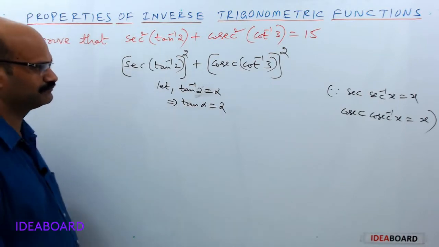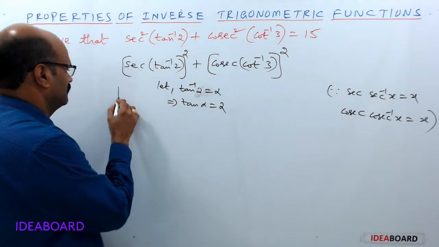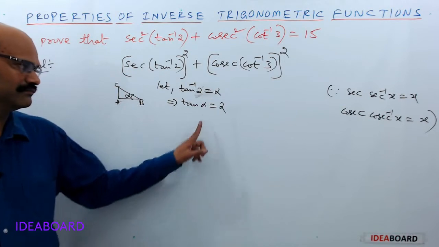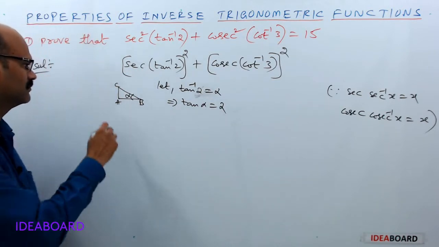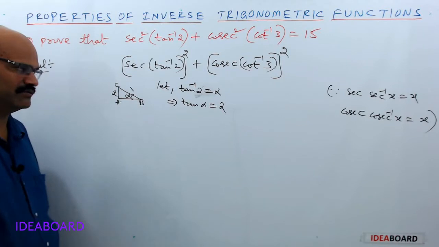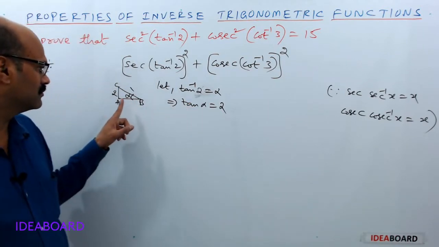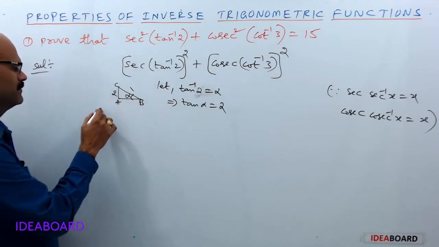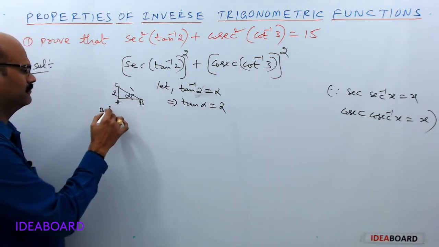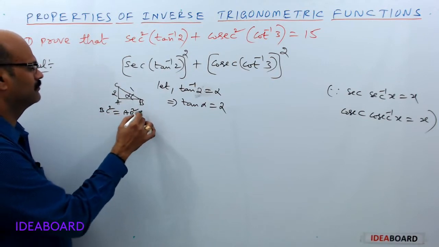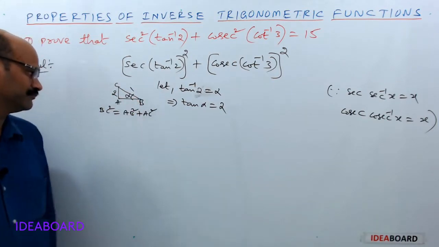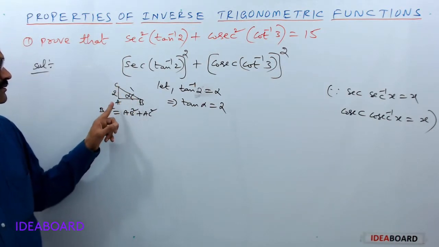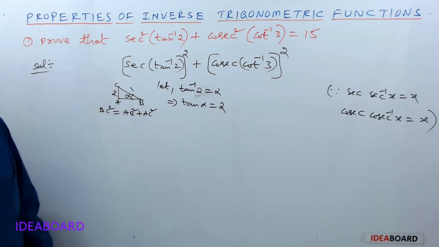Now take a triangle ABC. Tan alpha equal to 2 by 1, opposite side by adjacent side. Now BC square equal to AB square plus AC square.